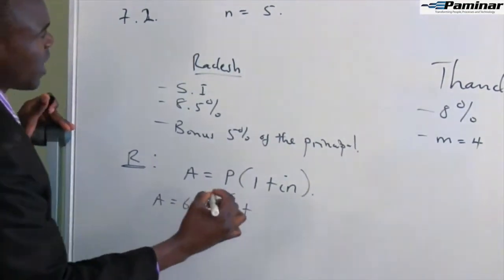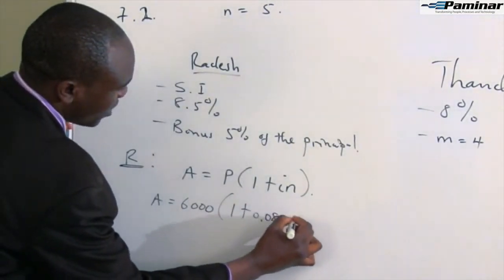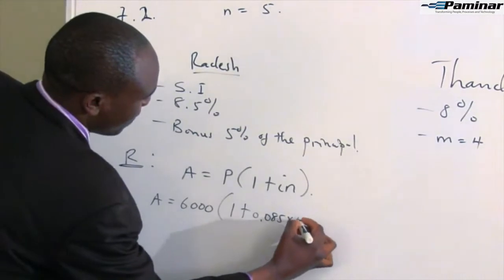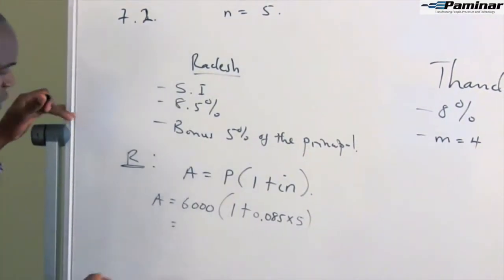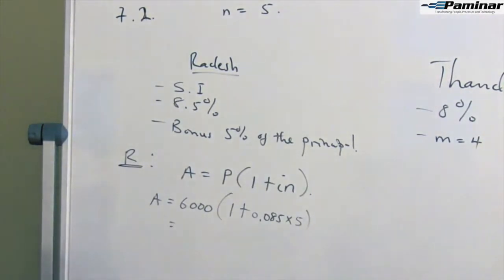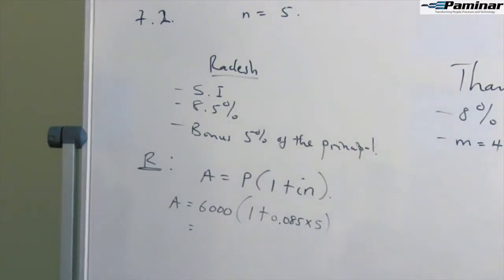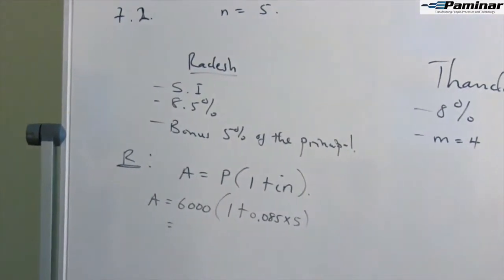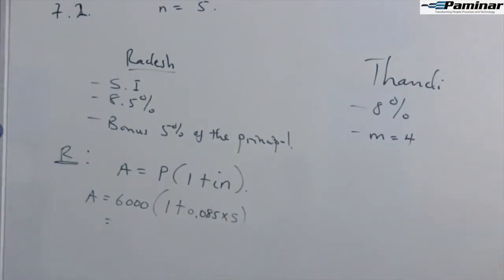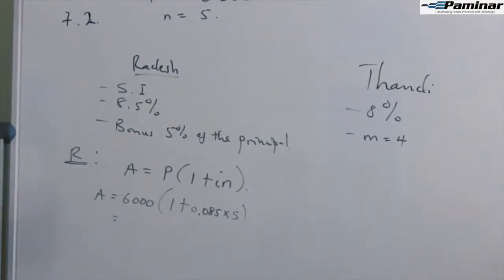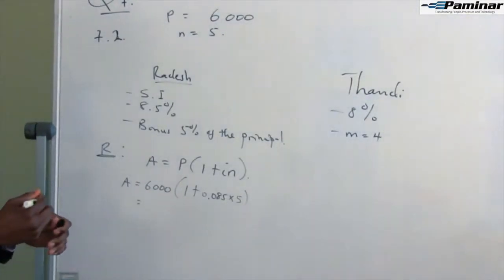1 plus, what is our i? 0.085 times n, 5 years. Right? What is the answer there? Sorry? 8,500.